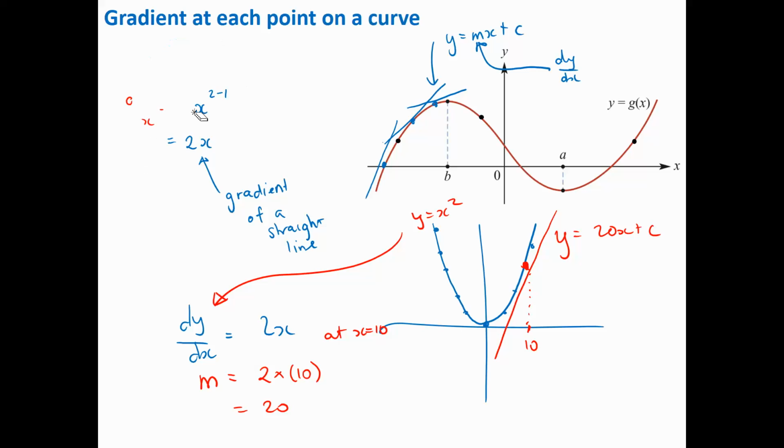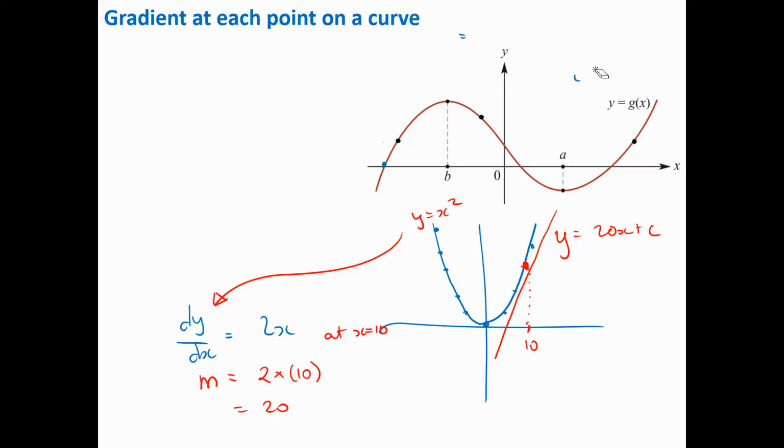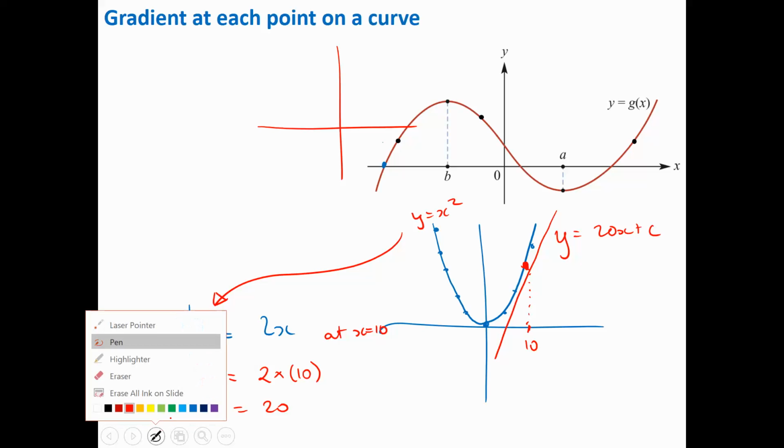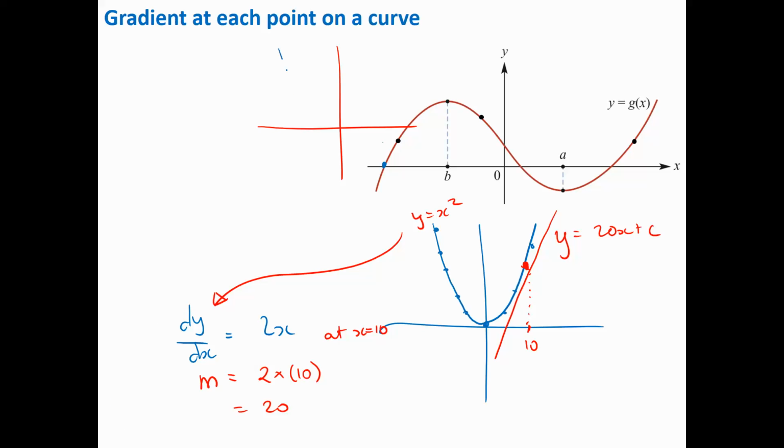So I'm going to rub off the top part here and go back to this curve. I'm going to draw it, and I want you to think about this idea. Let's go back to your quadratic graph again, because it's a nice, easy graph. Let's agree that at this point here, I want to know the gradient.